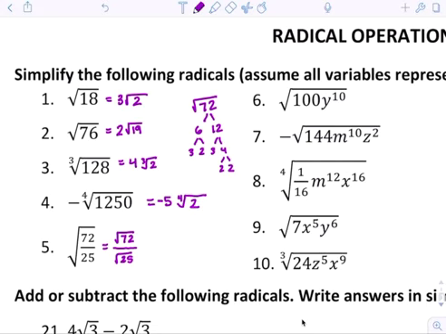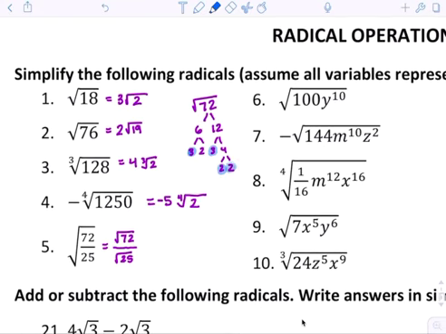So that means we have to find our pairs. So here's one pair of 3's, and here's another pair of 2's. So that means on the outside, we're going to get a 2 times a 3, and on the inside, we're still going to have that 2.